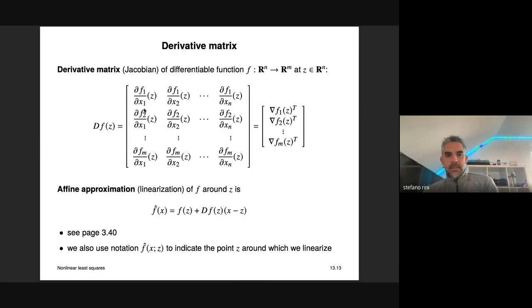So this matrix here gives you the nabla operator of the first element of the output y. So this is nabla of y1 all the way to nabla of ym, and ym is obtained as fm of z, and y1 is obtained as f1 of z. So you have a function that spits out a vector.